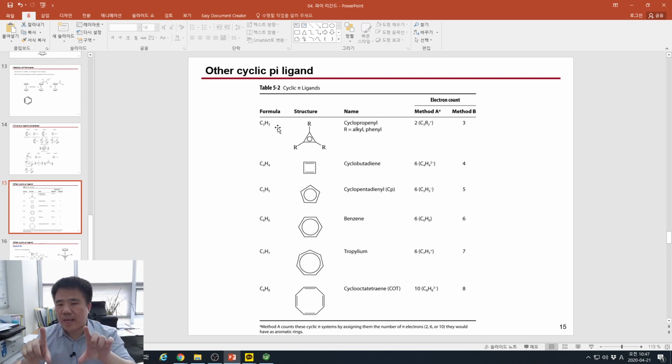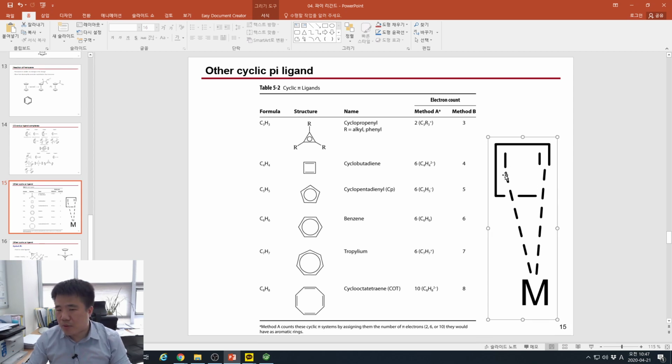Just cyclobutadiene, you need to distinguish. In this case, the transition metal coordinates to only 2 carbons.